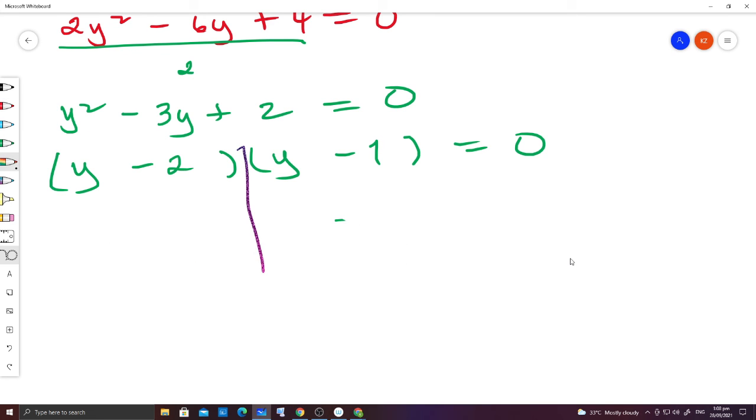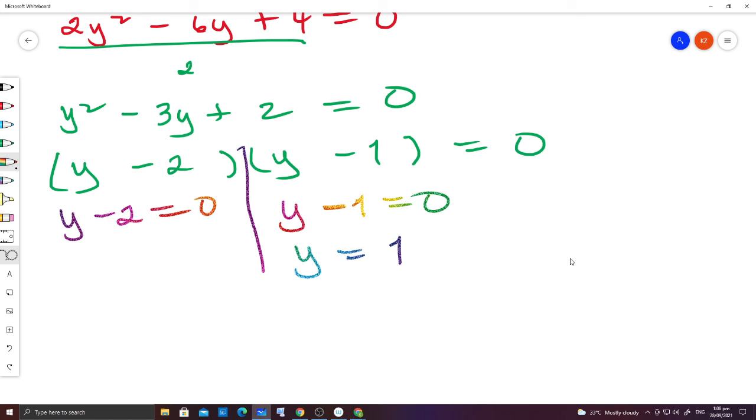Okay, then equate both sides to 0. y minus 1 equals 0. y equals positive 1. Then y minus 2 equals 0. y equals 2. So again, we have two values of y.